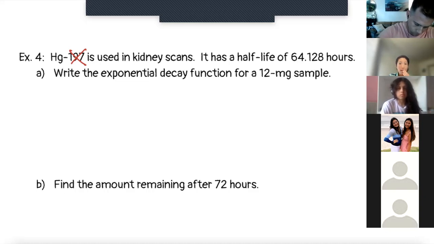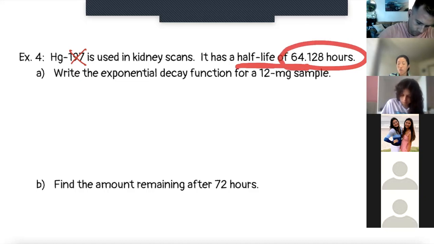Okay. But it turns out that when we use this in a kidney scan, it has a half-life of 64.128 hours.